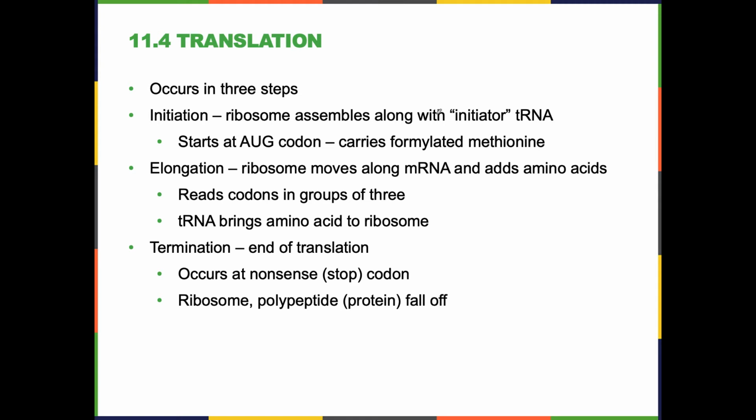Once again, like with transcription, a few important things here. Initiation starts at the very first AUG, right? AUG is a codon. It normally codes for an amino acid called methionine. But when we stick it at the beginning, it's something called formylated methionine, or sometimes f-Met, right? As far as we're concerned, we can almost ignore that. Just think of it as methionine, okay?